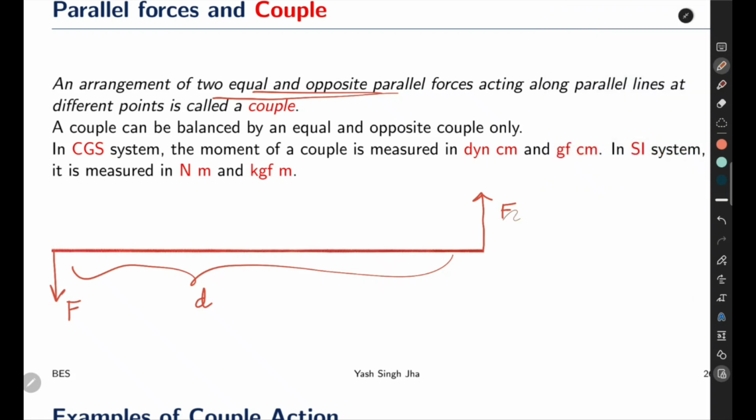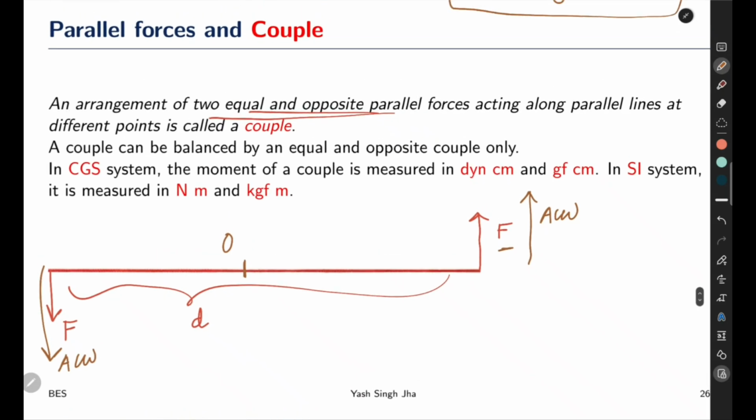The force F here tries to turn the object in an anti-clockwise direction, and the force F at the left end also tries to turn the body in an anti-clockwise direction. So what is the moment of a force? Let's take the midpoint O and calculate the turning effect produced by a couple. The length is d by 2.